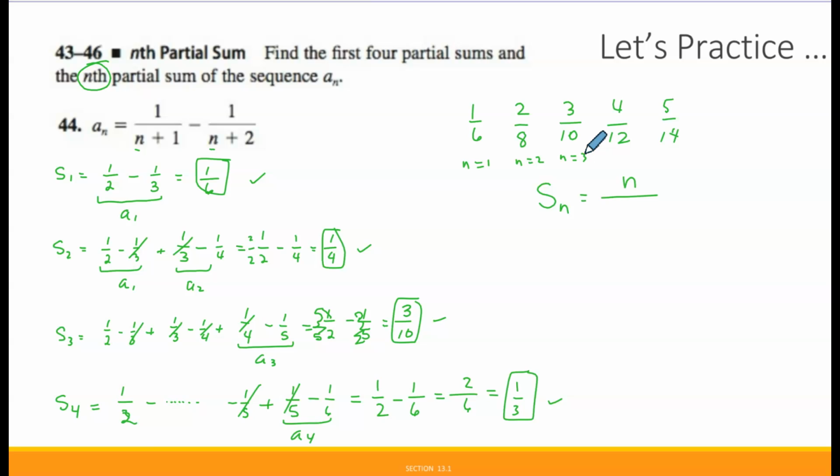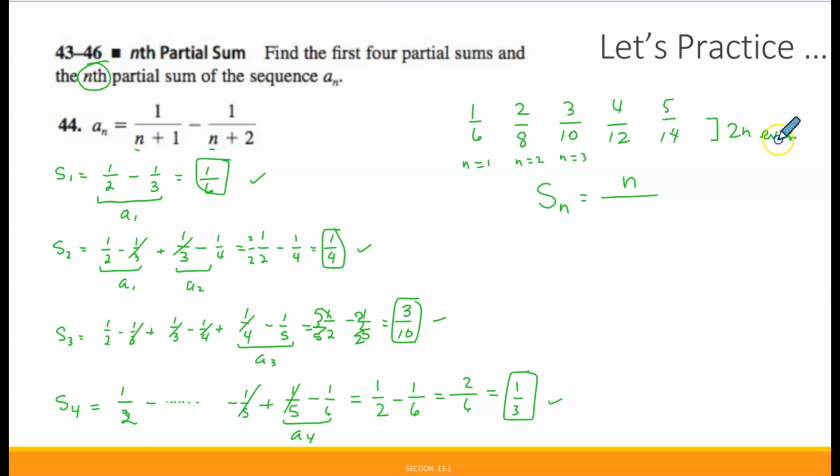We're trying to think about this pattern. We see that these are all even, and a way to generate even numbers is 2n. Let's see how that works.